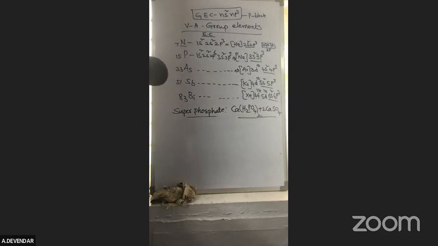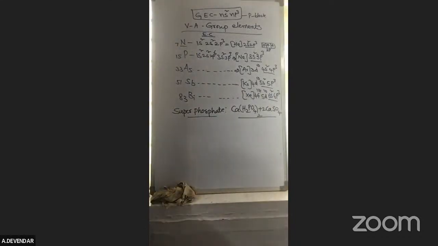It is a compulsory fill in the blanks question. Please remember this. If you go through any previous question paper, you won't find a paper without this question, so that much importance is given to superphosphate. Why? Because it is used as a fertilizer by farmers. So how to prepare it?